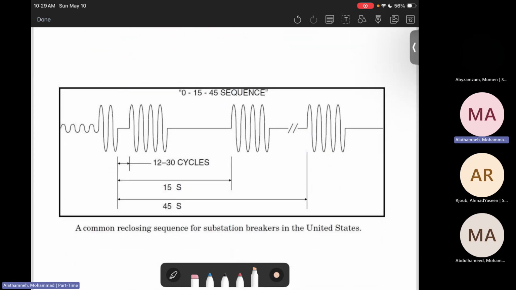So the thing about it, there is a 0, 15 to 45 sequence. What are those? Basically, we will say the first recloser at 0 cycle.